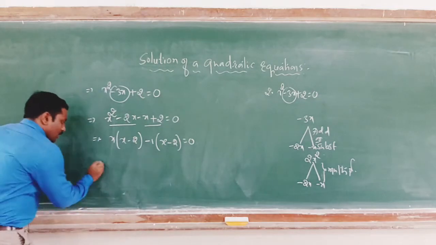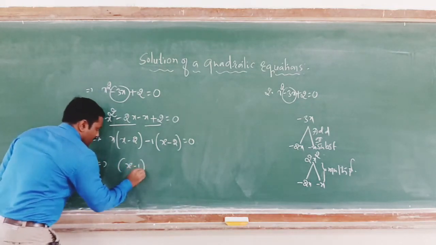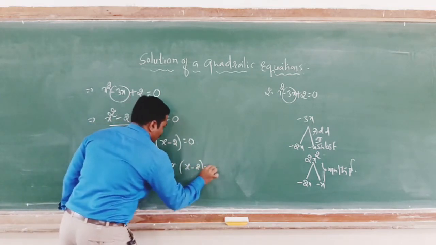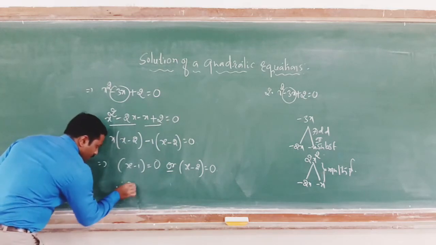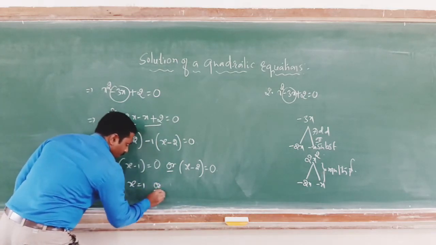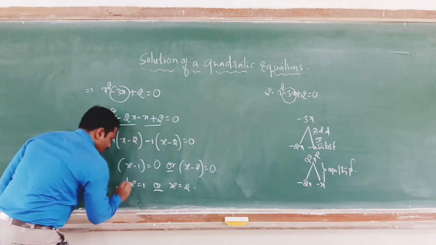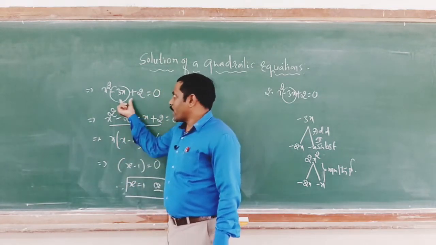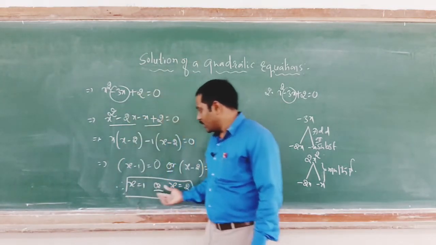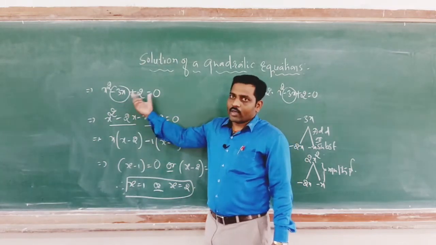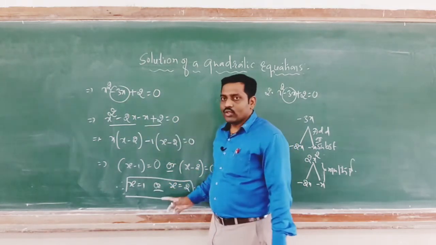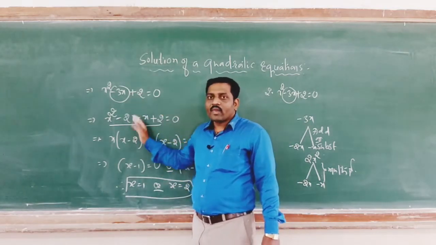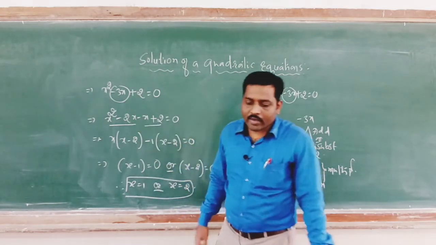That implies x minus 1 is equal to 0 or x minus 2 is equal to 0. Therefore x is equal to 1 or x is equal to 2. These are the solutions, the roots, the zeros, or the factors of the given quadratic equation.